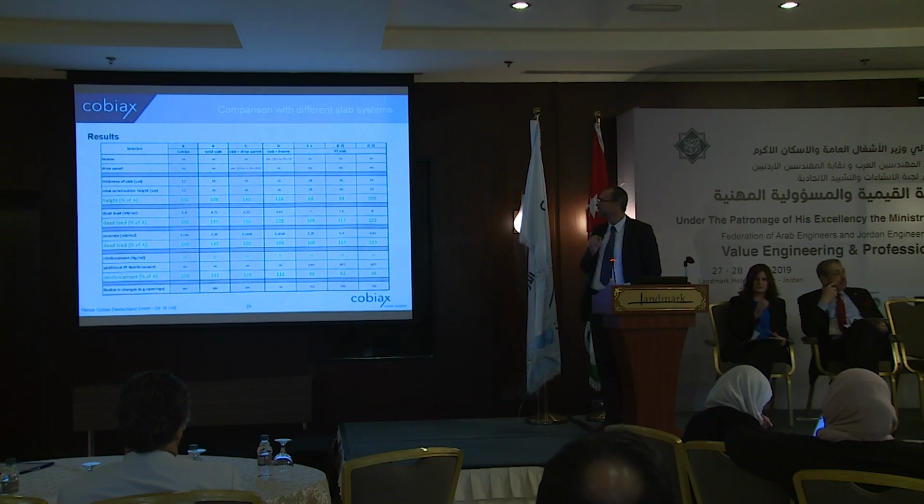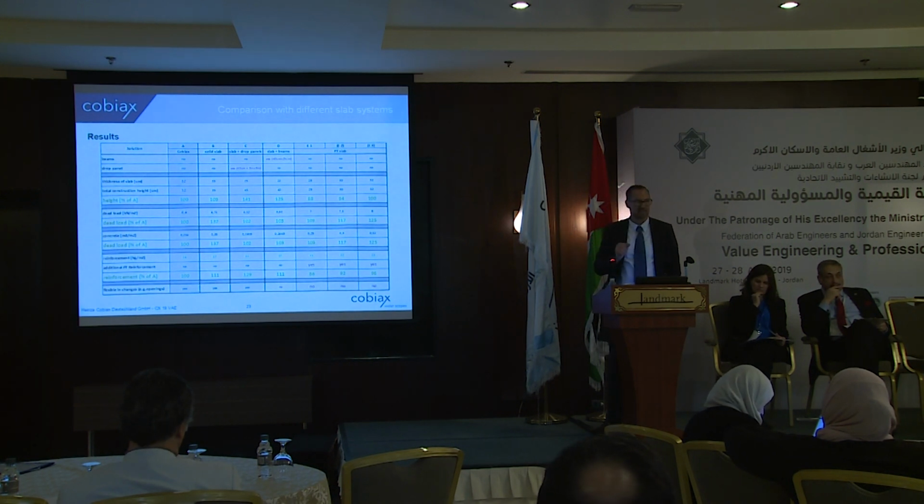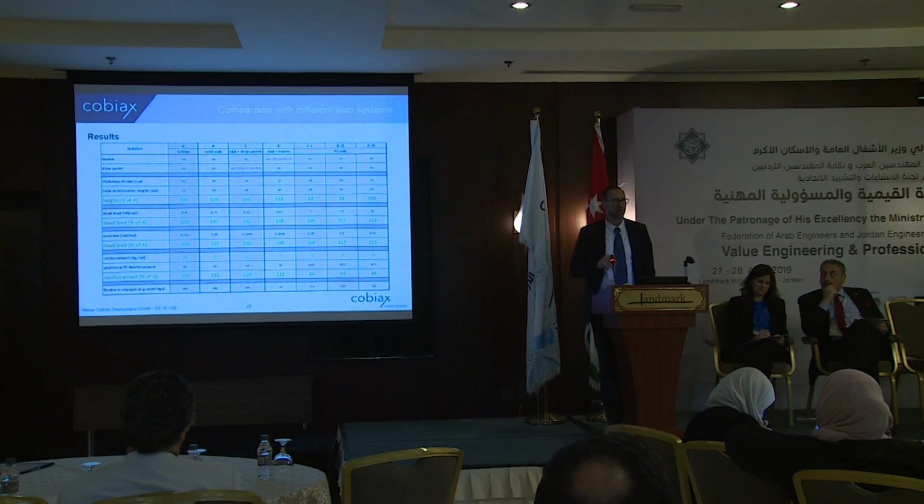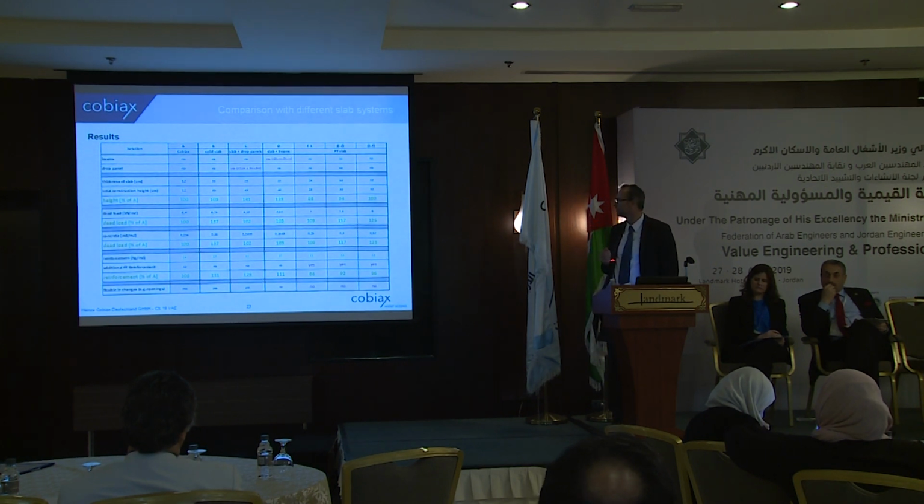So that means if you first have a look at the slab thickness, the height of Kobiaks has got 100%, and the height of the solid slab has to be increased about 9%. Also with the slab with drop panels, the construction height has to be increased by 41%. So that means a lot more construction height.